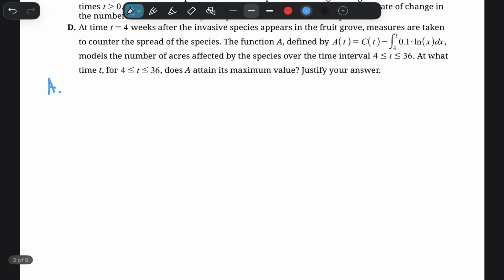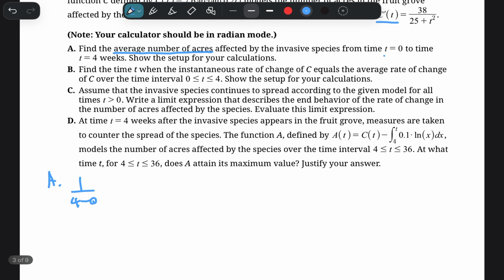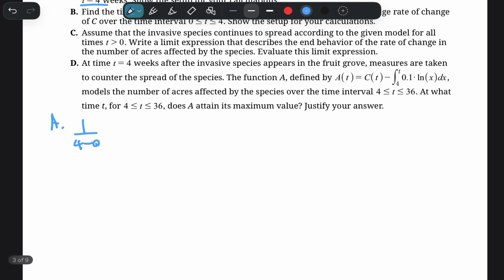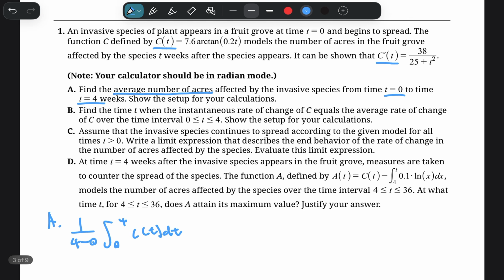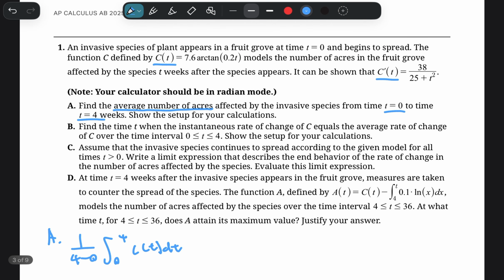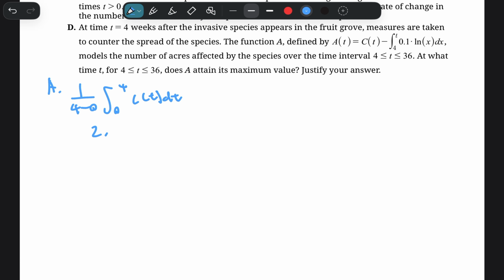So we can use the average value formula, which is 1 divided by 4 minus 0, because we're going from t equals 0 to t equals 4, times the integral from 0 to 4 of c of t dt. Now, we can plug this into our calculator. We know that c of t is 7.6 times the arctan of 0.2t, and this yields 2.778.